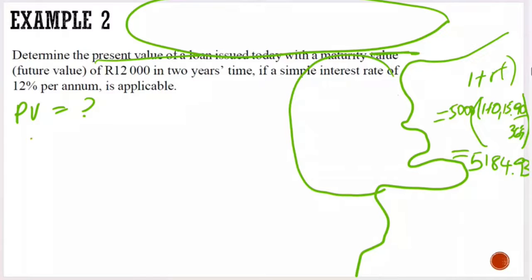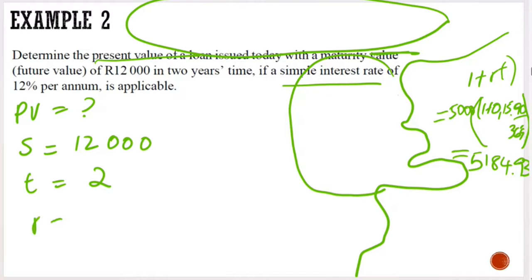That is your S. Your S is equal to 12,000 in 2 years' time, so your time here is 2. The simple interest rate is 0.12. I am not going to go through each and every calculation. I'm just highlighting things that I think we are struggling with.